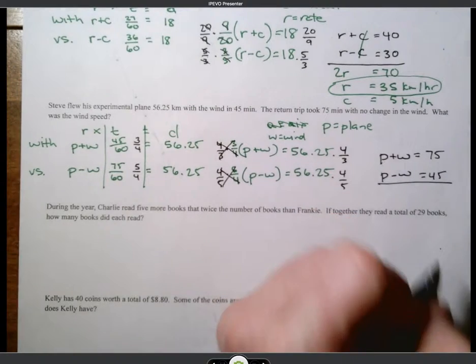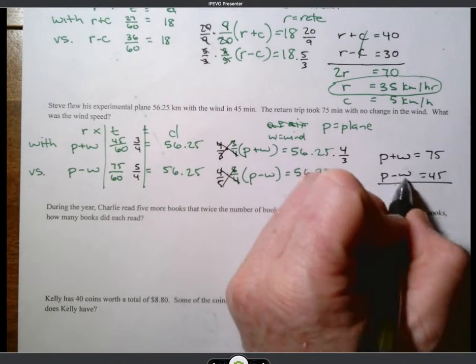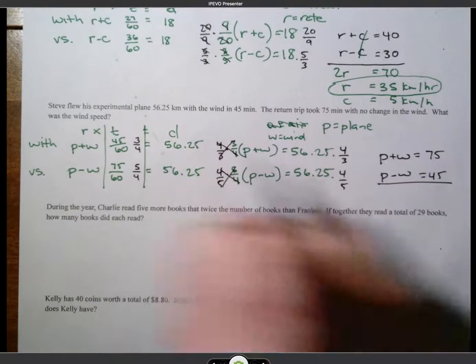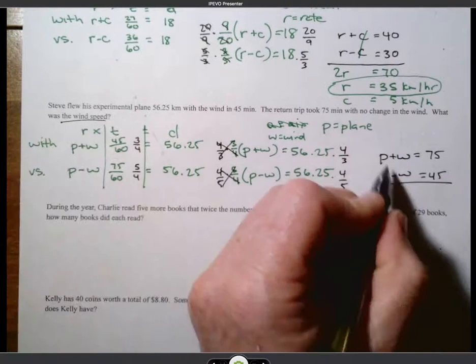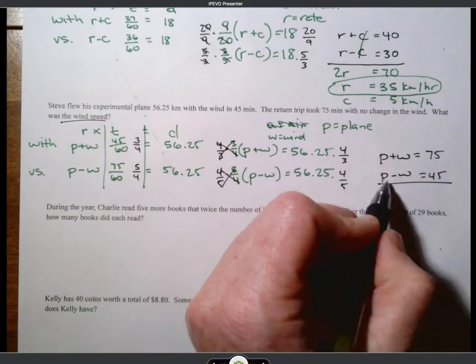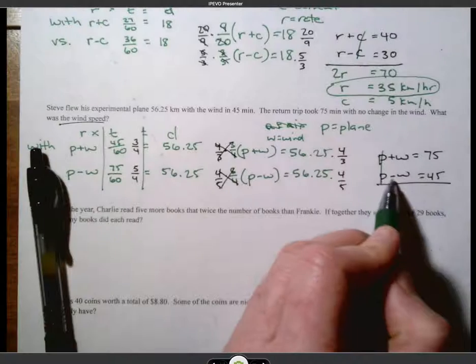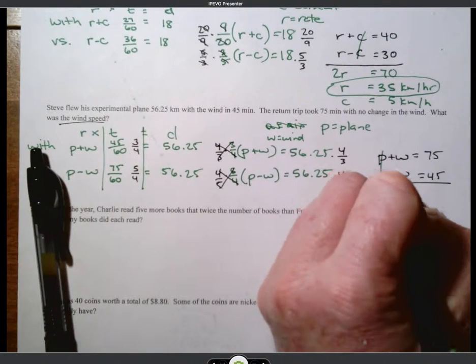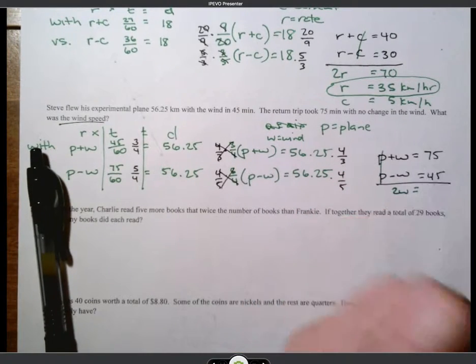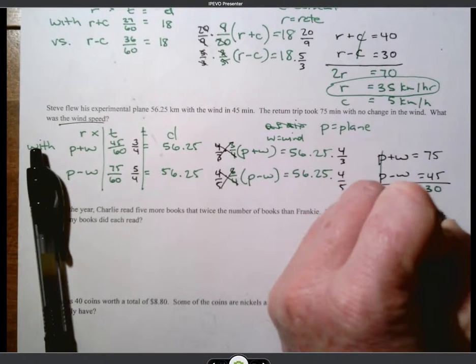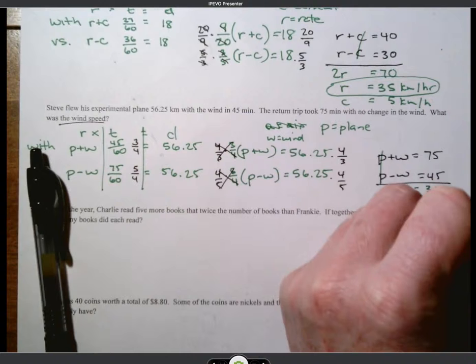So let's go ahead and add these. Actually, no, we want the wind speed. So let's subtract. So P minus P goes away. W minus a negative W is 2W. 75 minus 45 is 30. So the wind speed is 15 kilometers per hour.